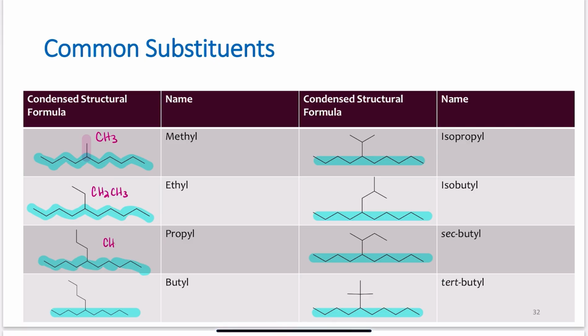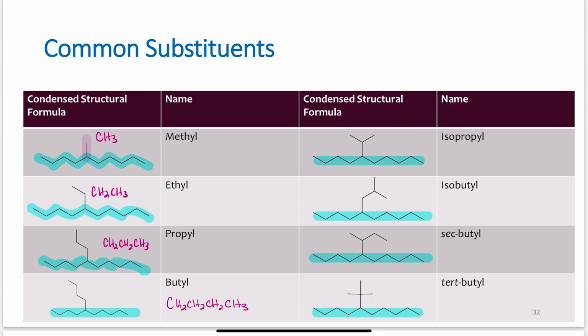If you have CH2, CH2, CH3, all in a straight line, it's called propyl. And if you have CH2, CH2, CH2, CH3, all in a straight line, it's called butyl.